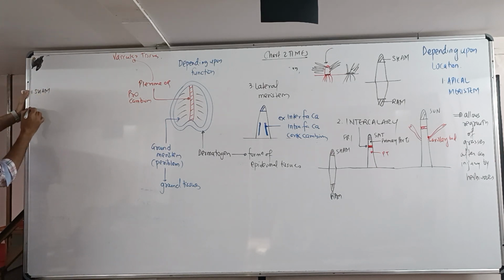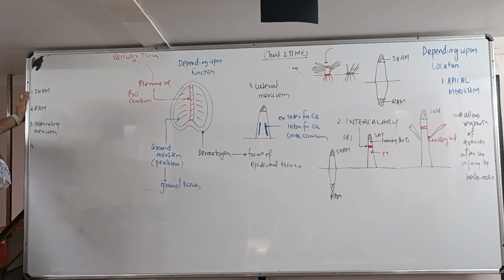Shoot apical meristem, root apical meristem, intercalary meristem. Then you have intrafascicular cambium. Then you have interfascicular cambium. Then you have got cork cambium.